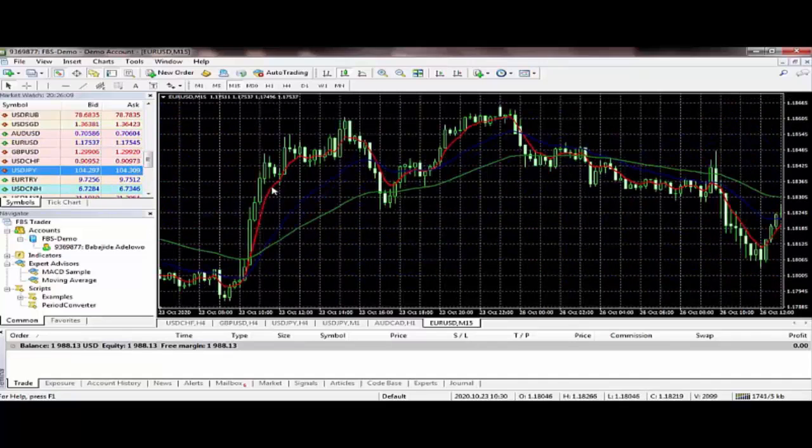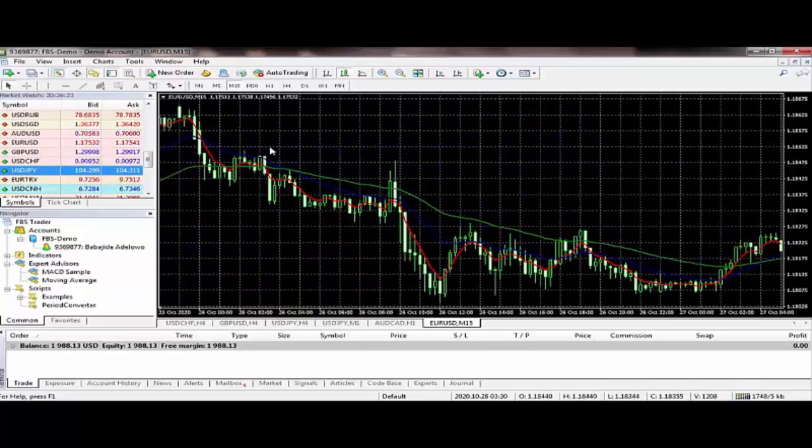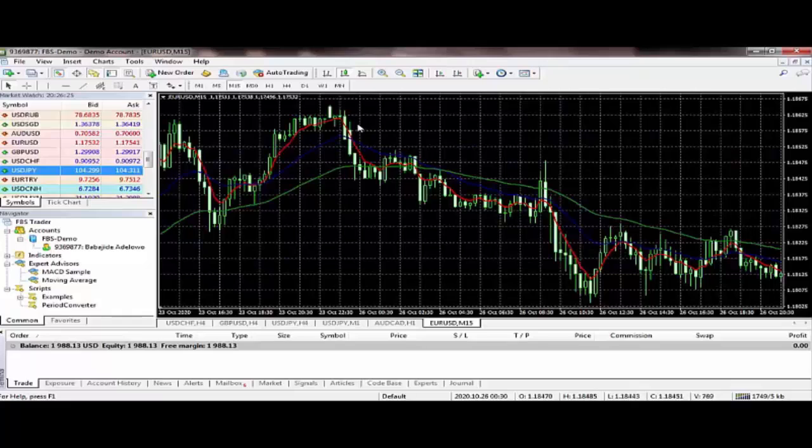See, this is red crossing blue, and both of them at this place are over. So at this place, any moment here you can take a buy. Maybe you just take your buy here and you move forward. The same thing goes with sell. Anytime you see this red crossing this blue and both of them are under this green, which is 50, at this moment you can take a sell. Look at how it crashed down.